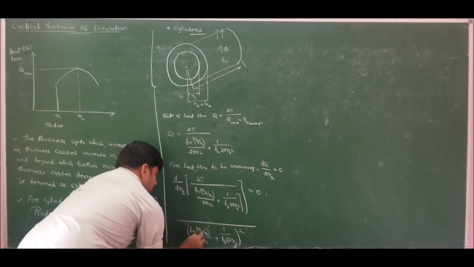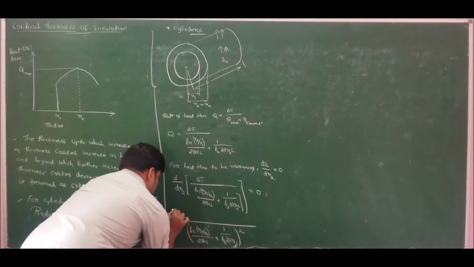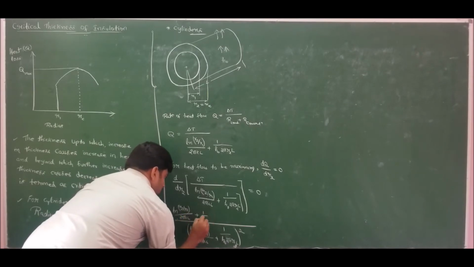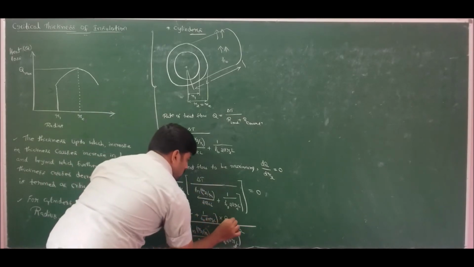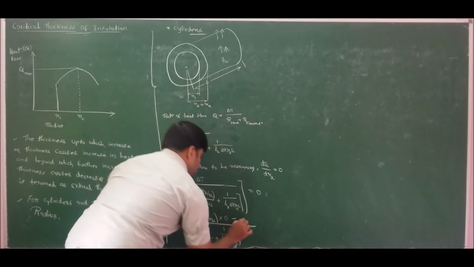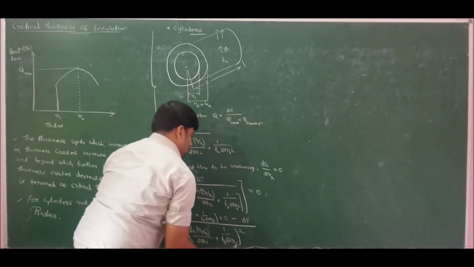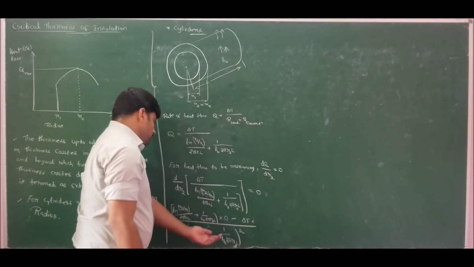In the numerator: denominator into differentiation of numerator, which is 0, minus numerator, delta T, into differentiation of denominator.